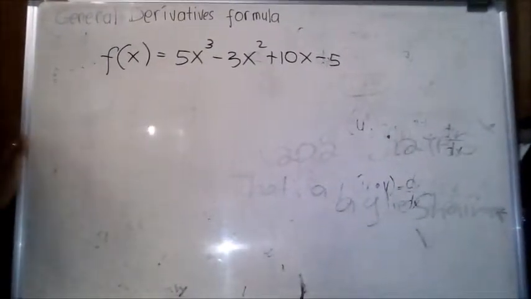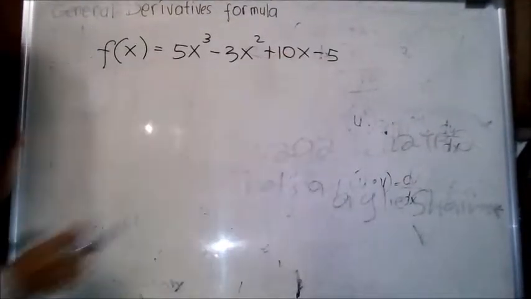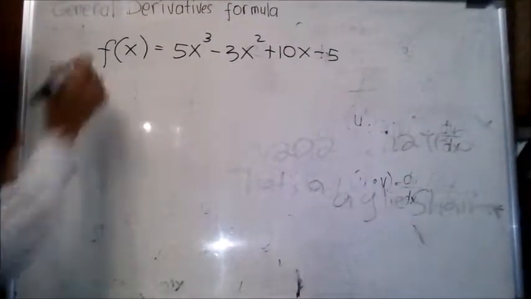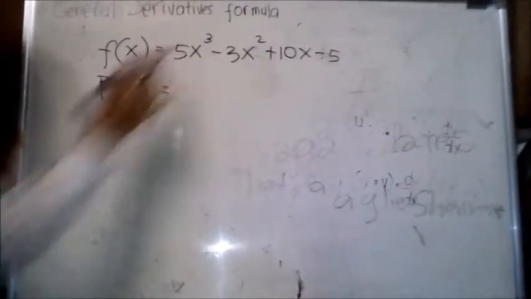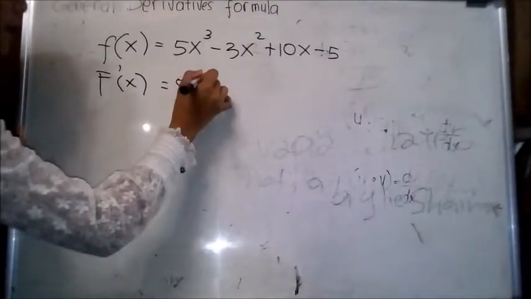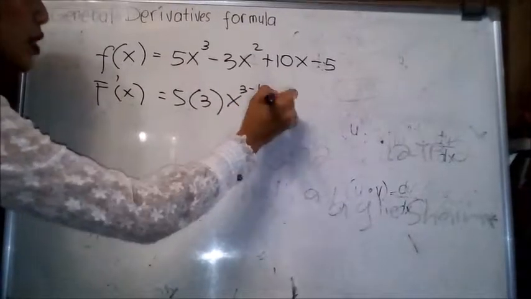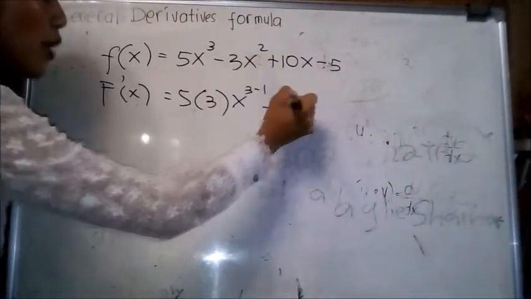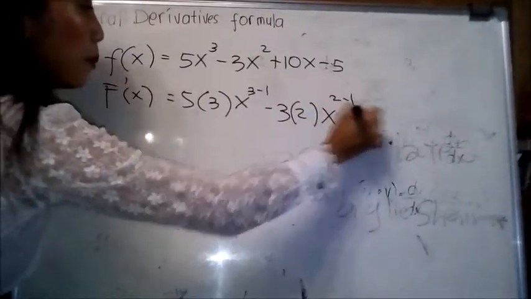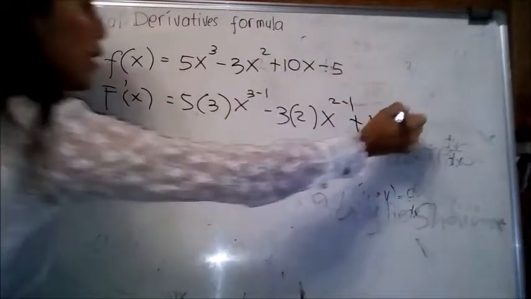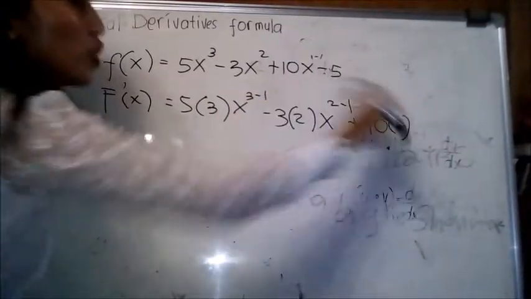Now we have the function 5x cubed minus 3x squared plus 10x minus 5. Now we will look for the first derivative. We have 5 times 3 x to the 3 minus 1, minus 3 times the exponent 2 x to the 2 minus 1, plus 10 times 1 and x to the 1 minus 1, which is 0.